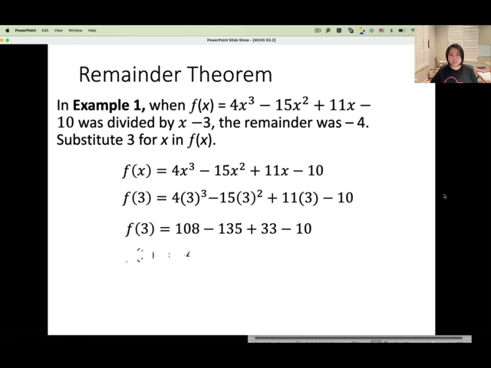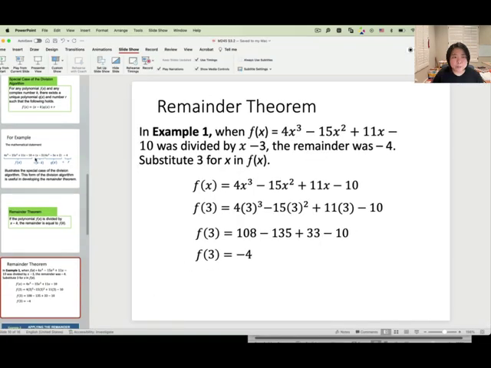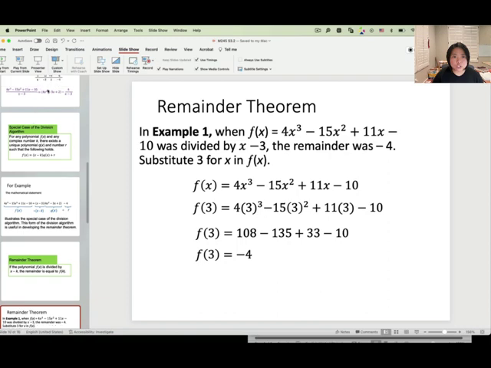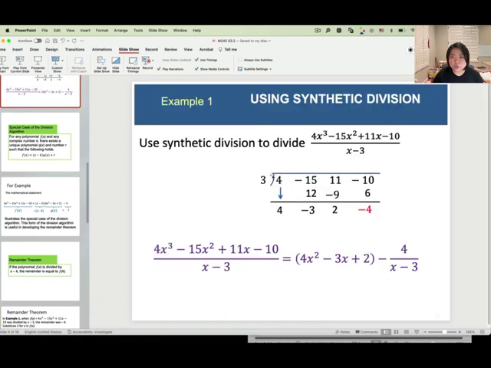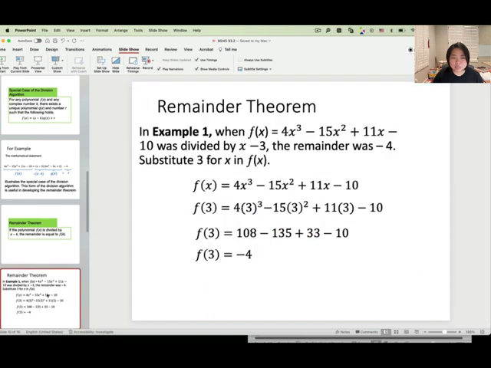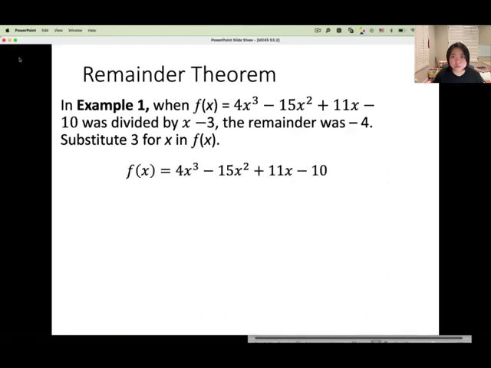You should find that will be equal to -4. Okay, so this is the remainder theorem. So we got f of 3 equal to -4. It matched to our solution here. When we use the synthetic division, plug in x equal to 3, we find out the remainder is equal to -4. Same idea when you plug in strictly to the function of x. Okay, this is called remainder theorem.